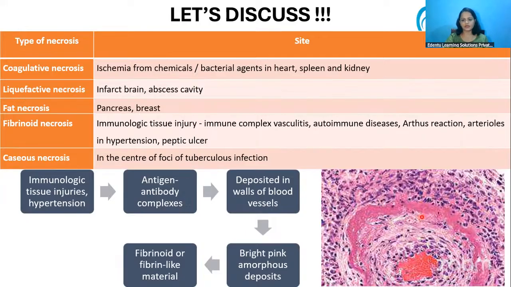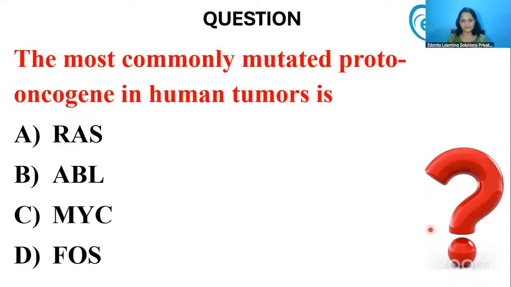If you look under the microscope, you'll see a bright pink deposit like this in the blood vessel. This bright pink material is called fibrinoid or fibrin-like material. That's why this necrosis is called fibrinoid necrosis. I hope you are clear about necrosis, its sites, and what you see under fibrinoid necrosis.